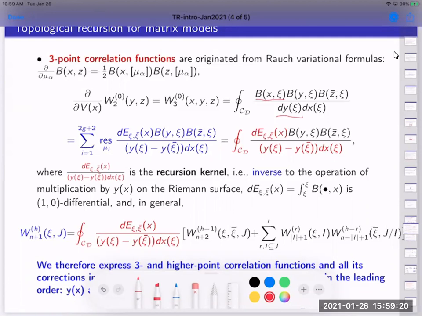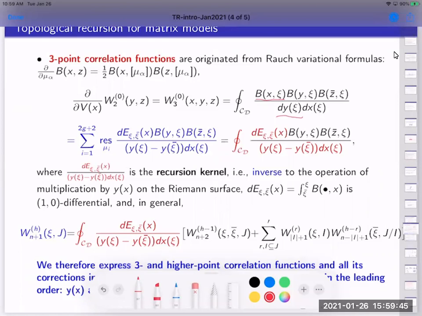So I can freely integrate on these two parts without changing the result. And I introduce this special combination, which was basically Bertrand Eynard's original idea. Why is it so special?